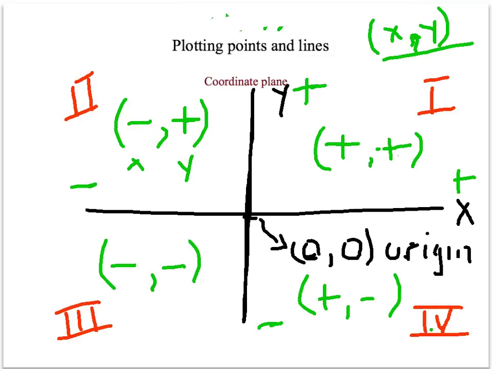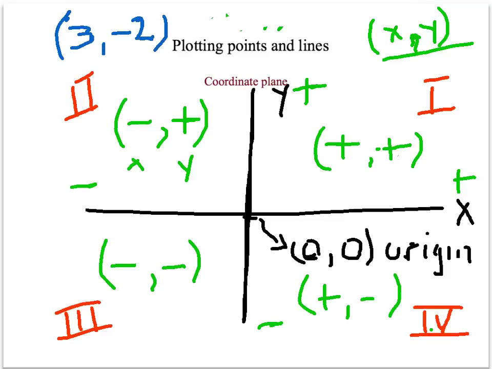So, with that information, let's say I wanted to plot the point 3, negative 2.